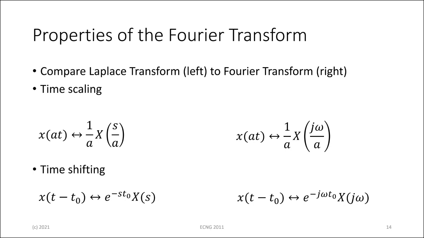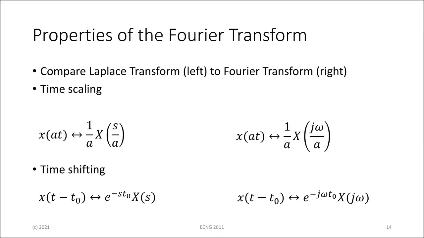In the case of the Laplace transform, whatever A was, the transform was 1 over A, and wherever you had S, you scaled S by A. In the frequency domain, the same thing happens: it is 1 over A, and you scale the j omega component by A.